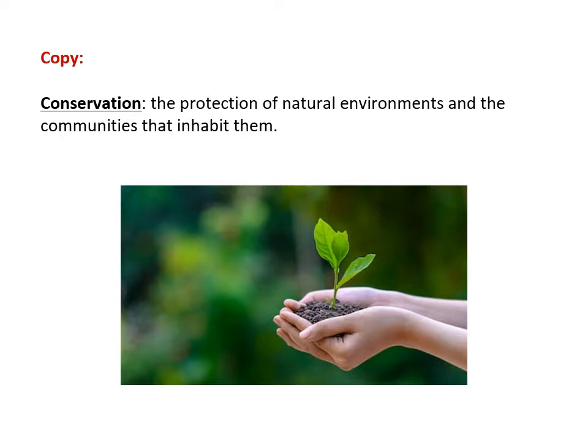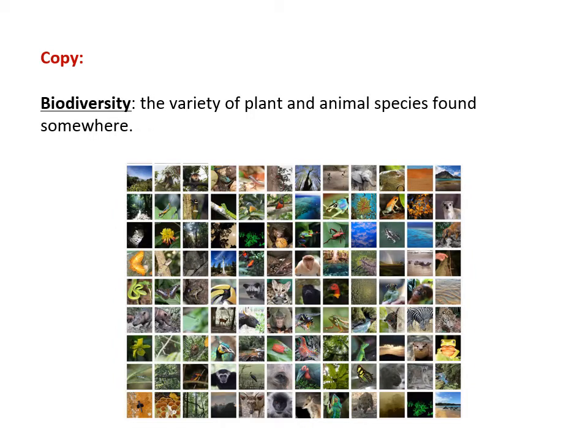One more key term coming up, which is biodiversity. Conservation aims to protect biodiversity and to increase it. What does it mean? Well, it means the variety of plant and animal species found somewhere. You can see on the screen an image. This shows a touch of the biodiversity found in certain parts of the world.